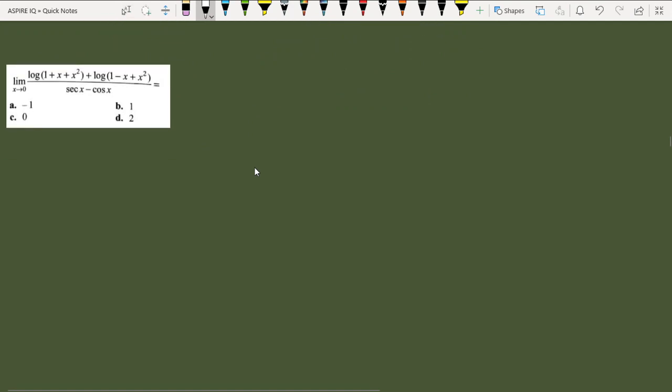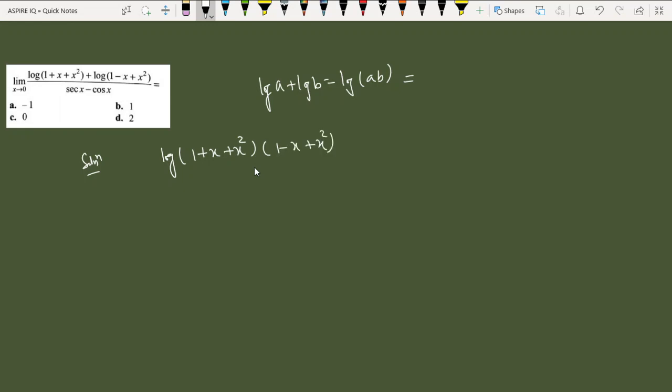The second question is a very simple question. It is written in logarithm form. So we know log a plus log b is equal to log ab, so we'll use it. So solution: we can simply multiply both, and sec x minus cos x, limit x tends to 0.